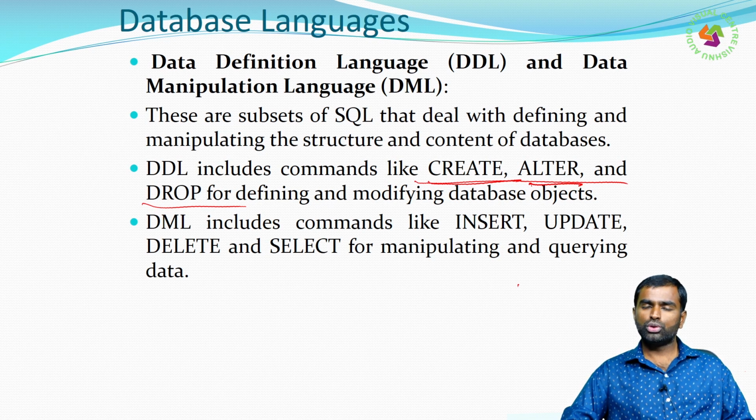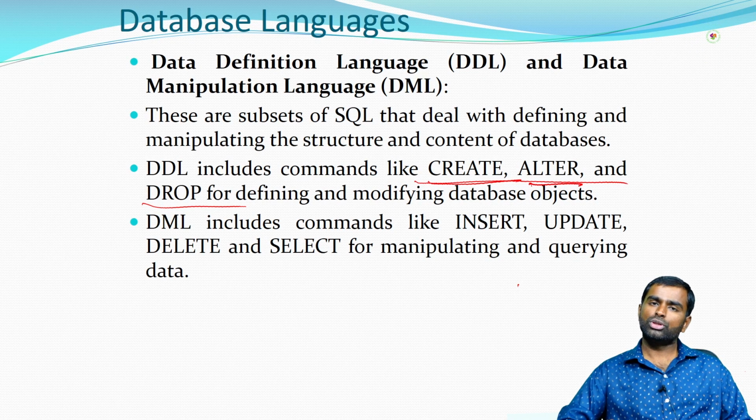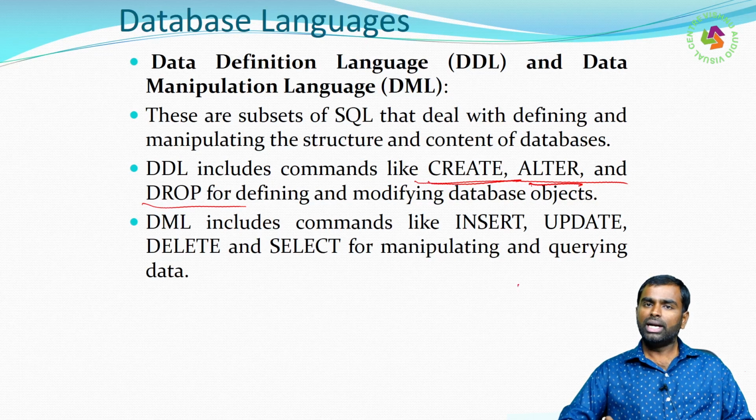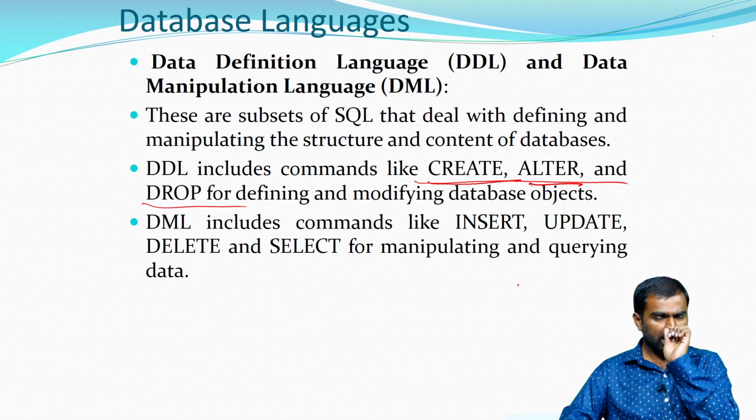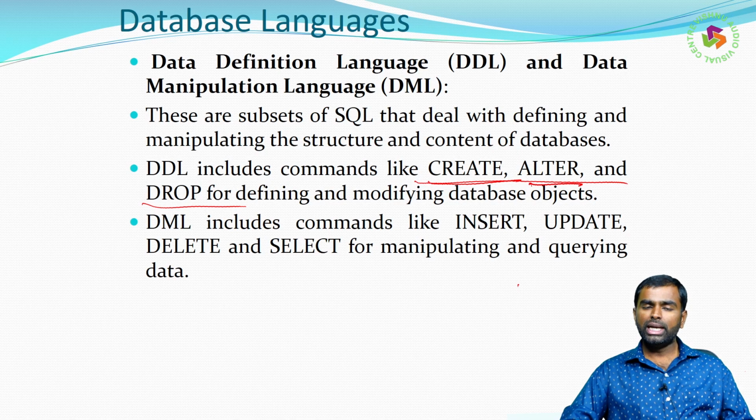Create is used to create the table or create a database. Alter command is used to add columns to the table or delete columns from the table. Drop command is used to completely delete the table from the database. You can drop a database also, you can drop a table also. So this is about the DDL commands.